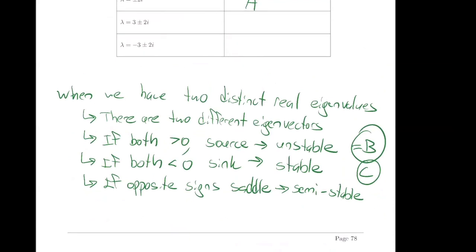And in this case, when it's negative in front, we get spirals that go into the origin.